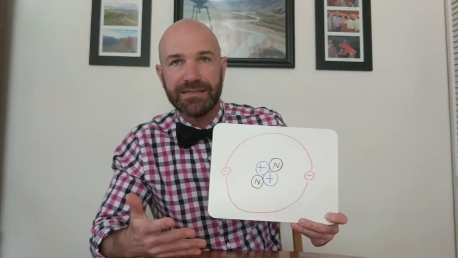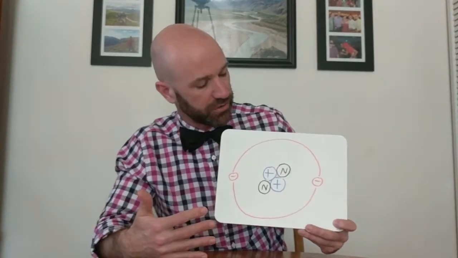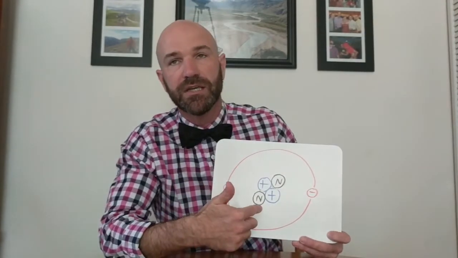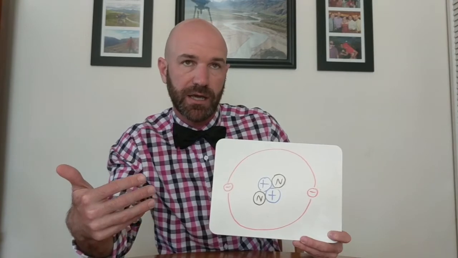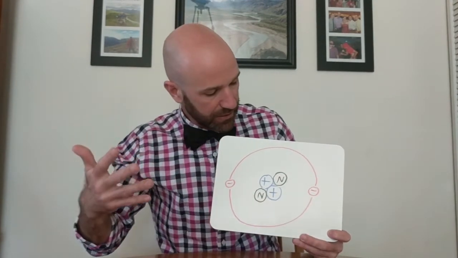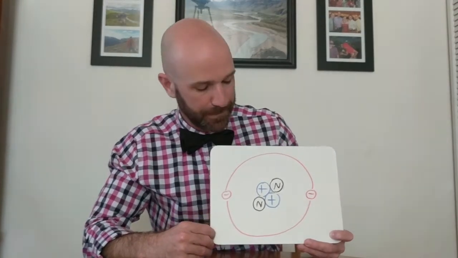However, for this lesson and going forward, it's a lot easier to visualize our electrons orbiting around the nucleus, just like planets orbiting around the sun. All right. I know that's not literally the case, but for visualization purposes, that's the easiest way to do this.